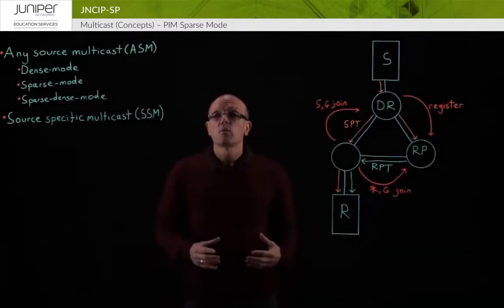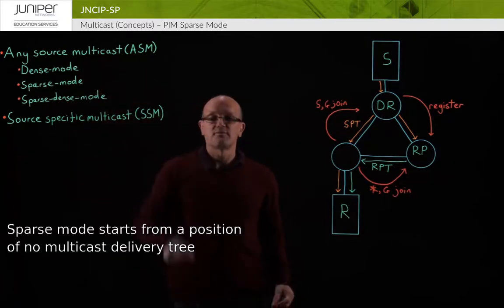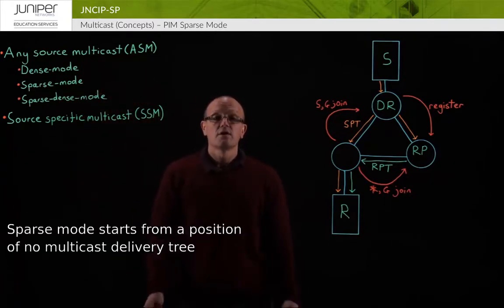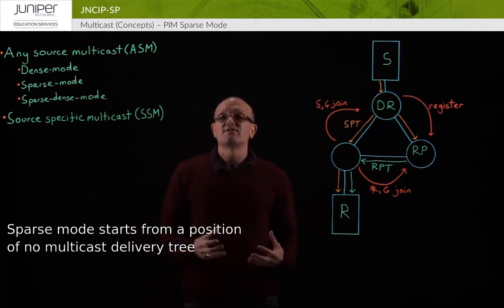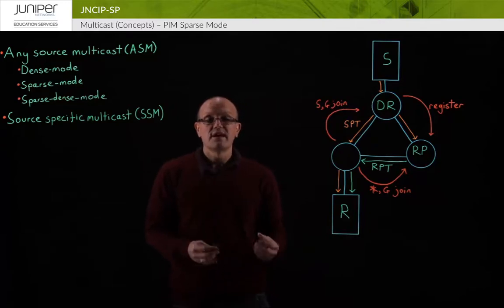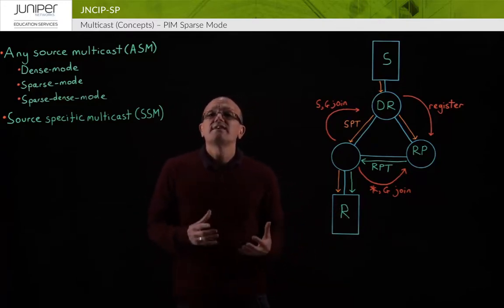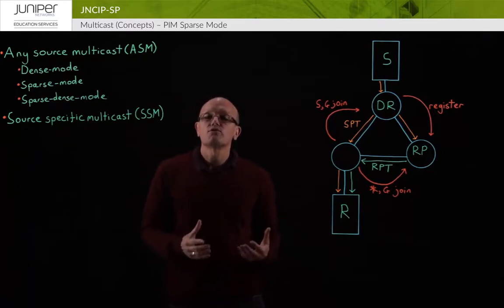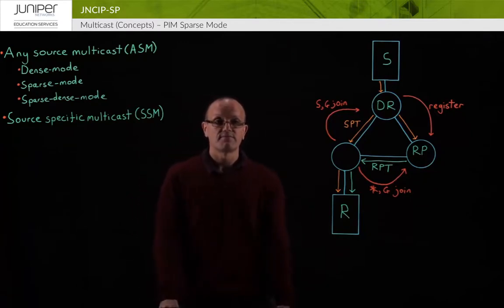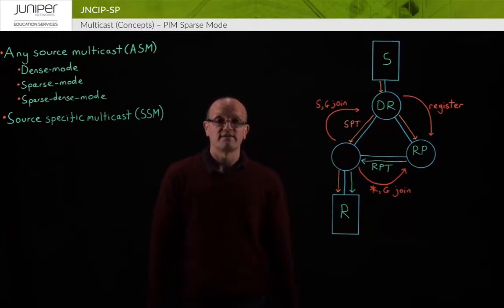In this video, we're going to talk about sparse mode any source multicast PIM. Because we're talking about any source multicast, the receiver is interested in receiving traffic for a given group, he doesn't mind what source is providing that traffic to that group. He also doesn't necessarily know where that source is located.